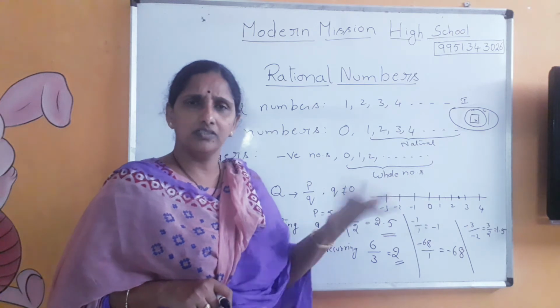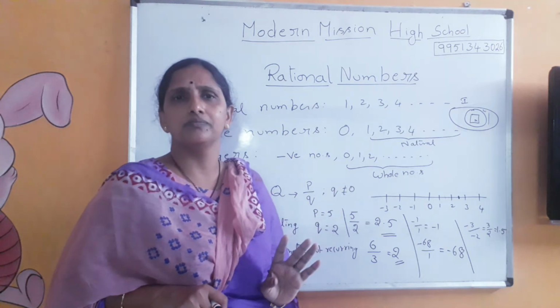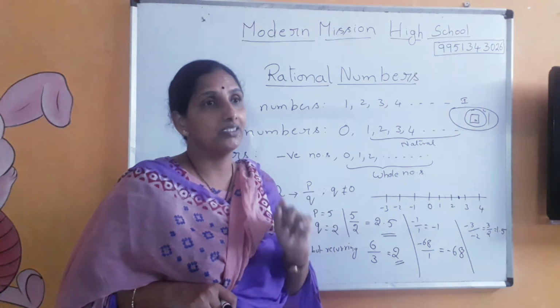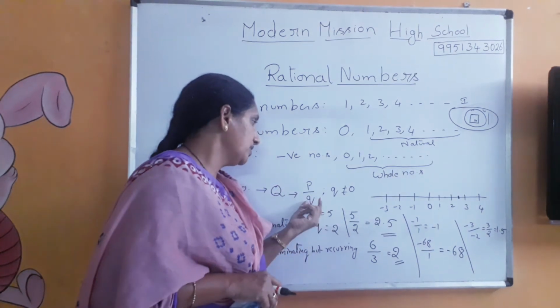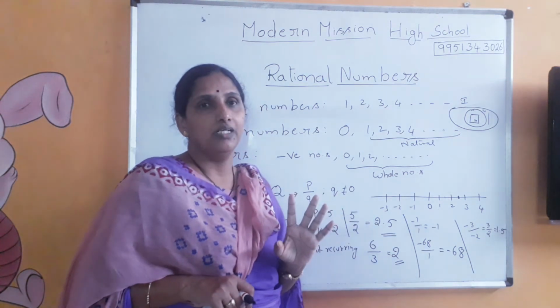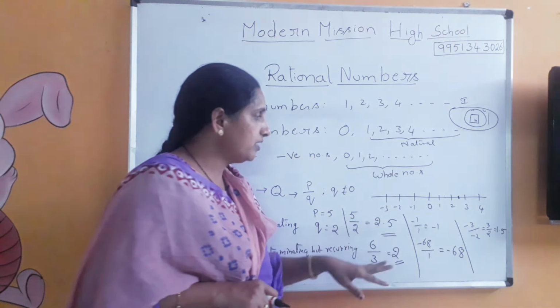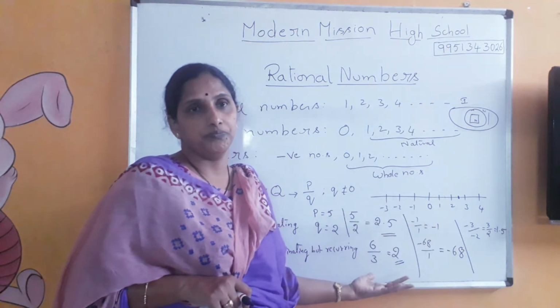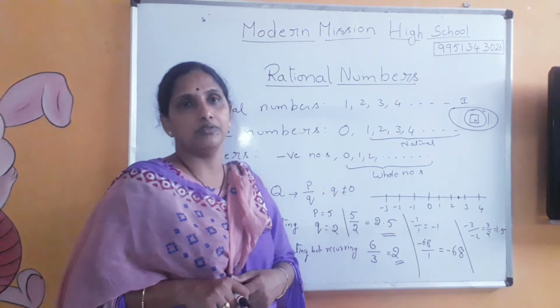Rational number. What is 5 by 2? Rational number. What is 6 by 0? No, because here 0 is in the denominator, that is our Q, and Q should not be equal to 0. So except for this limitation, whichever is expressed in the form of a fraction is rational.